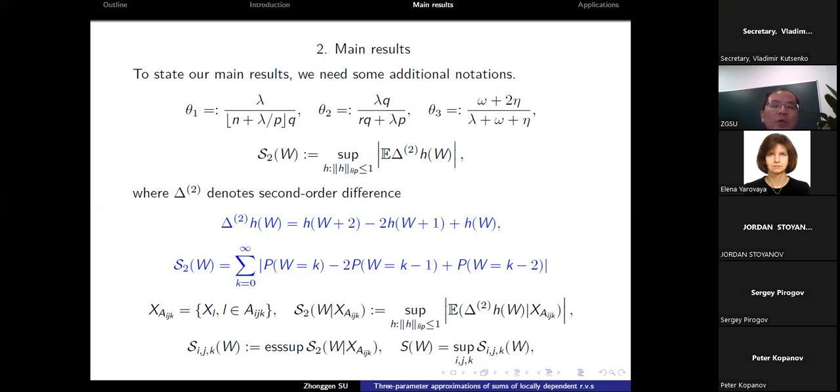For this, we need to introduce the second order difference, delta 2, which is defined as follows.